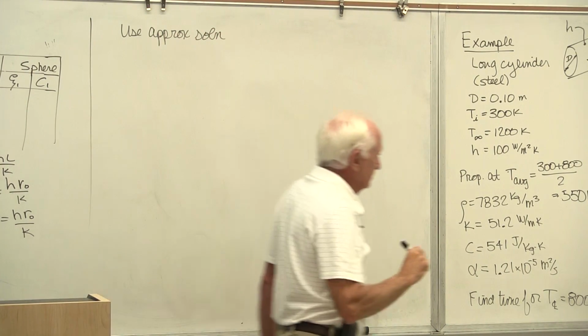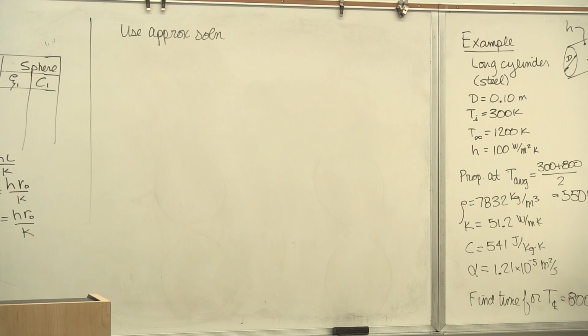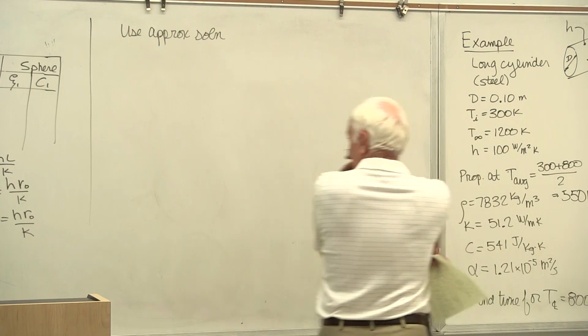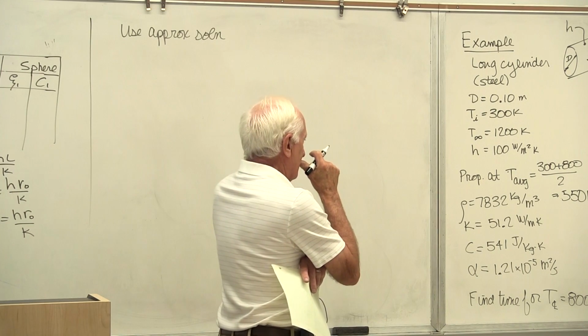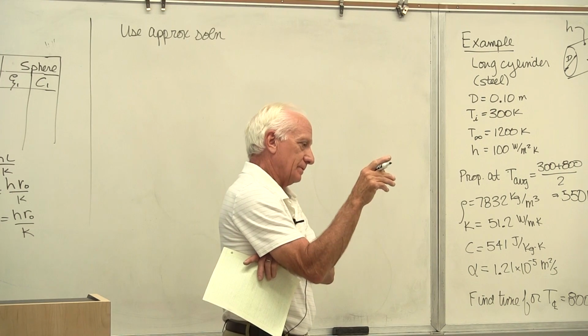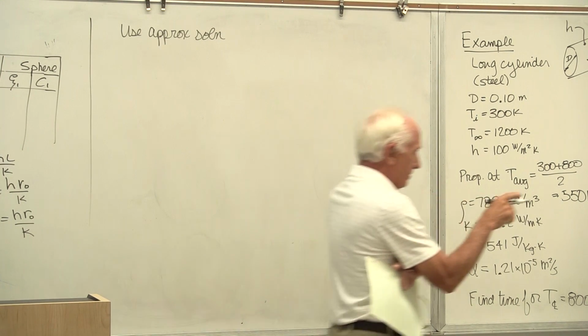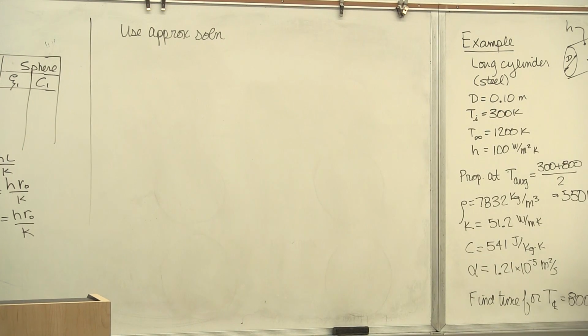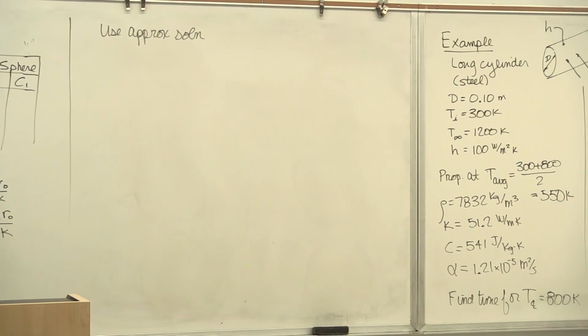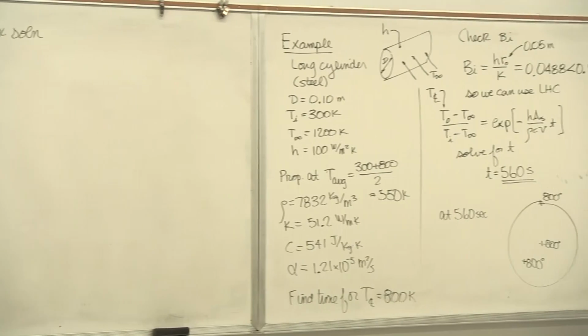Okay, the approximate solution, to use it, the Fourier has to be greater than 0.2. So the first thing I do is calculate the Fourier number.